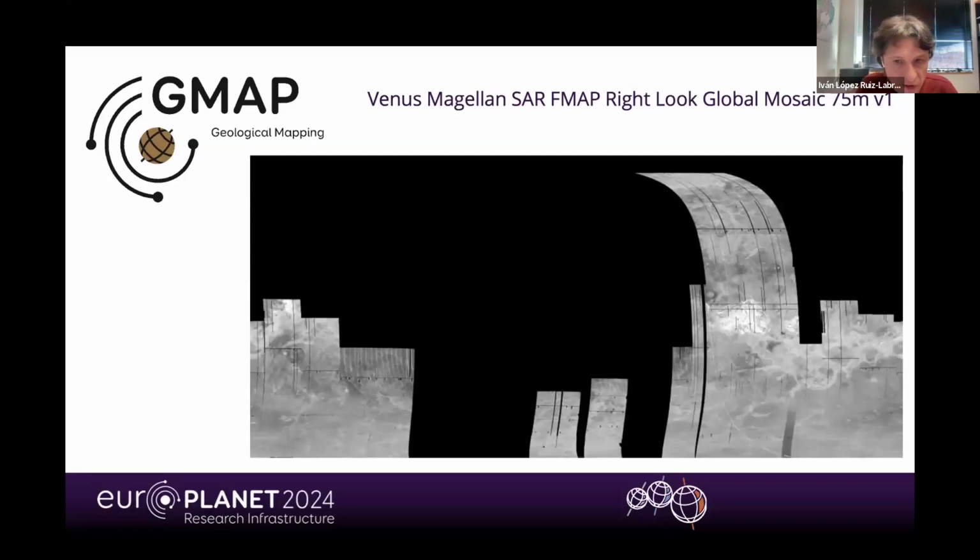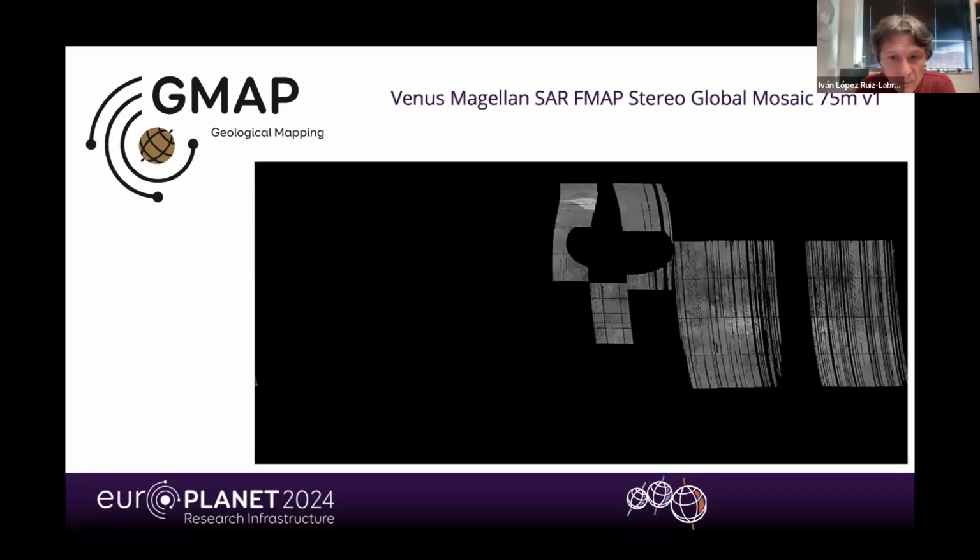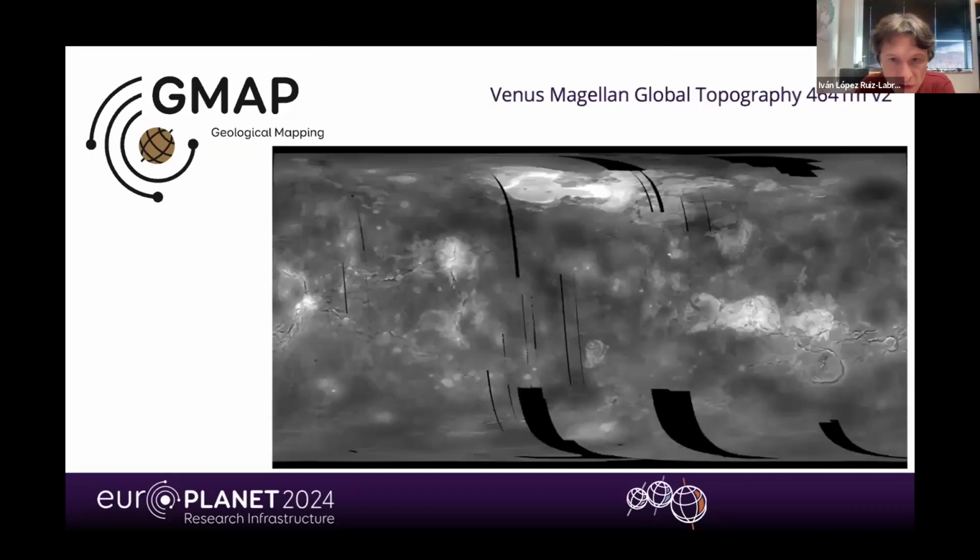As you can see, the coverage of the planet was much less in this case. A third cycle also made images of some parts of the surface, imaging from the left, and allowed some part of the planet to have stereo coverage. We are going to explore these data sets later in the hands-ons in detail, for you to see the images and how you can see the different geologic structures and terrains with these different geometries.